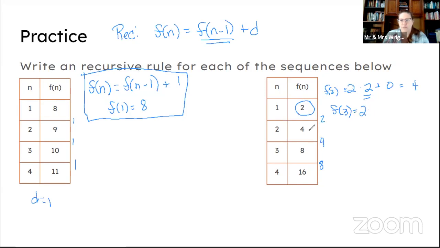So what if we have f of 3? 2 times the previous term, f of 3 previous term is 4 plus 0, right? So f of 3 is going to equal 4 times 2 is 8.